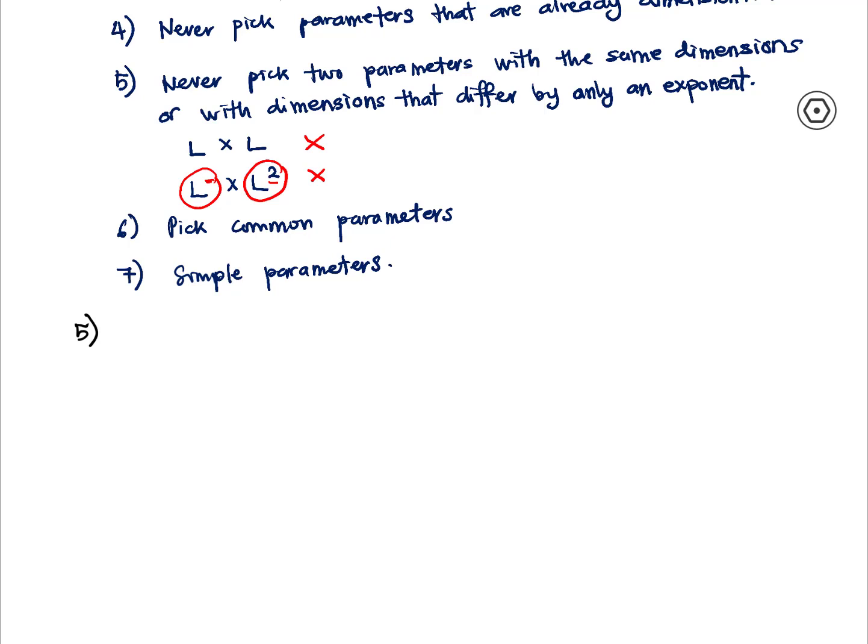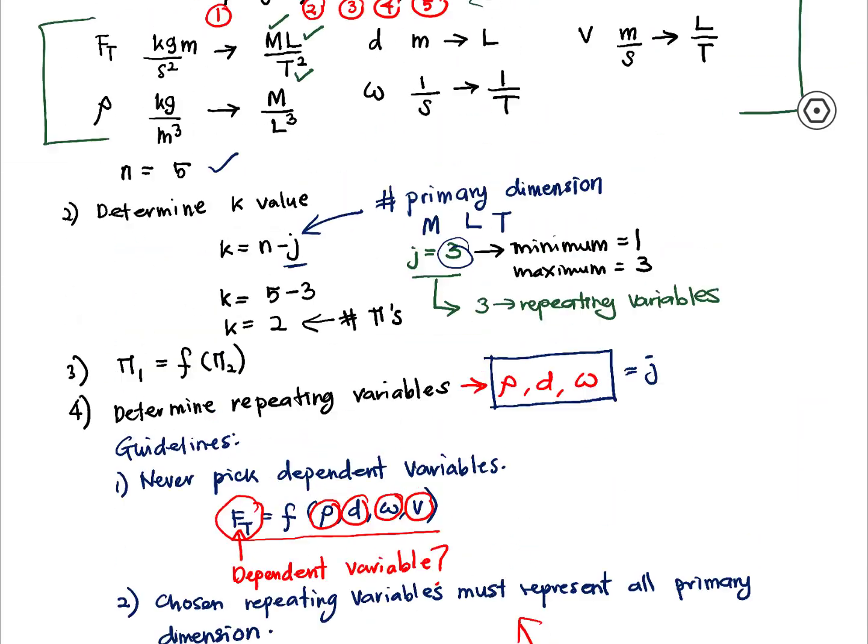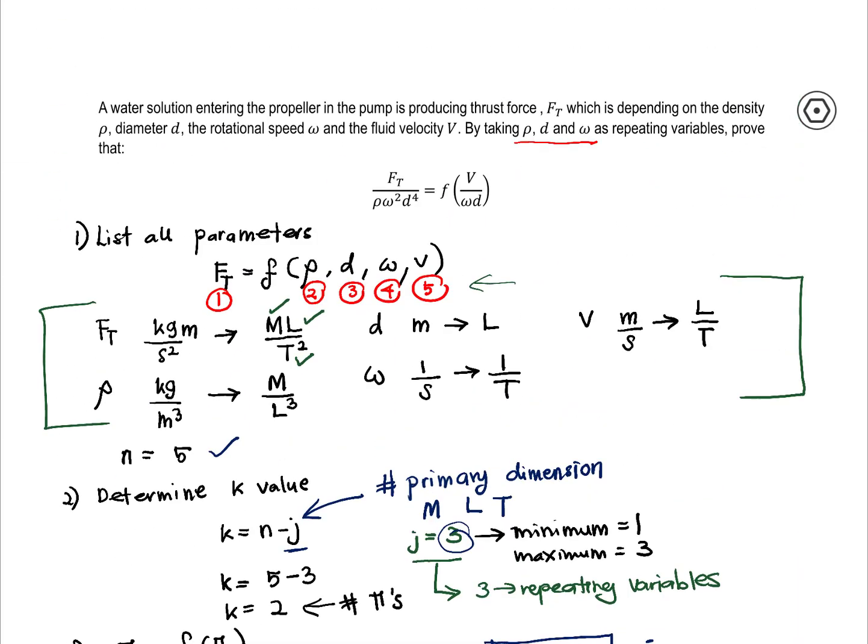So we will proceed to determine pi 1. Okay, where is pi 1? We already use rho, d and omega as our repeating variables. So ft is our pi 1 and velocity is our pi 2.